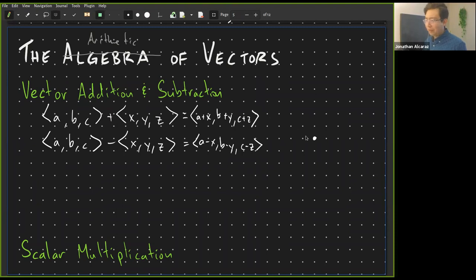So for vectors, let's say we have this vector here, which we're going to call u, and another vector going out this way, and this is called v. Okay.